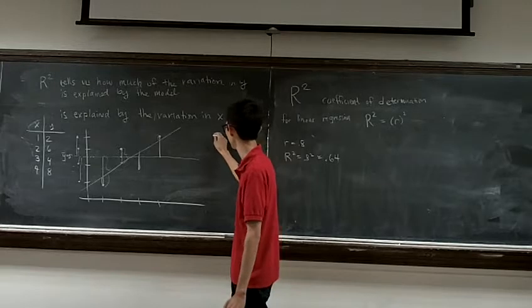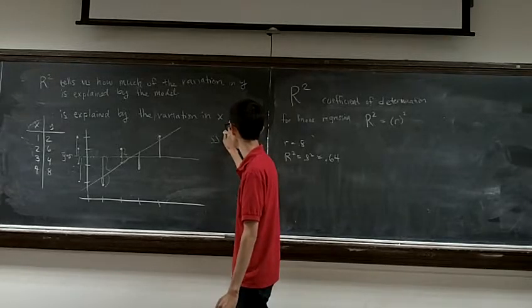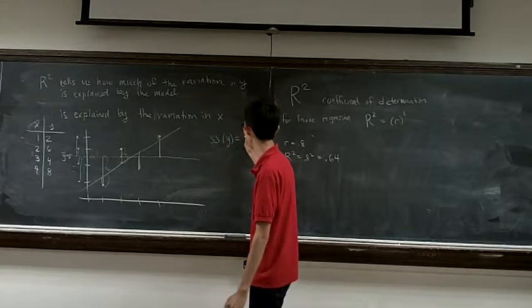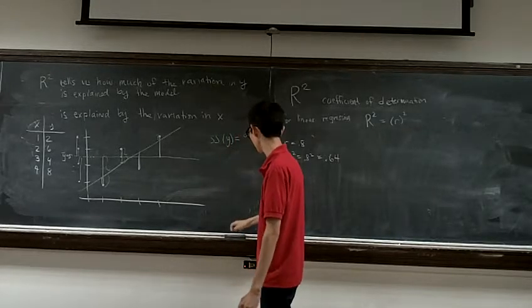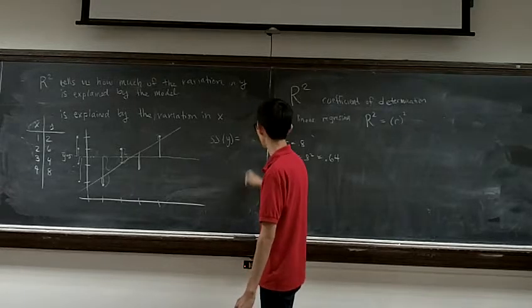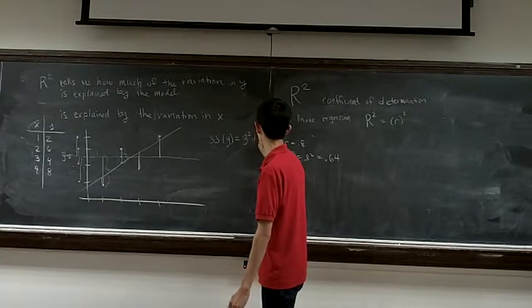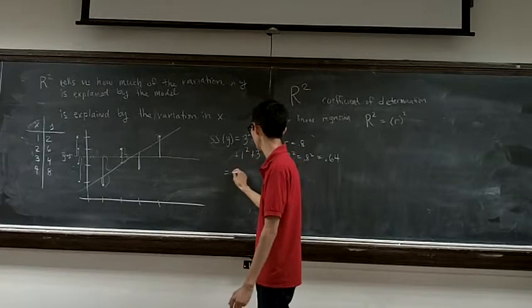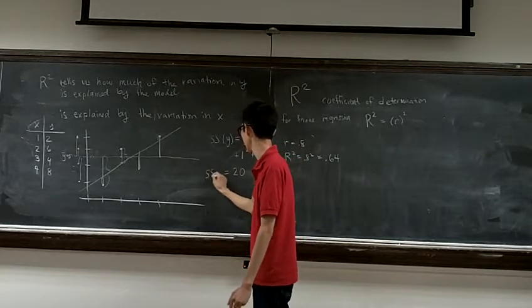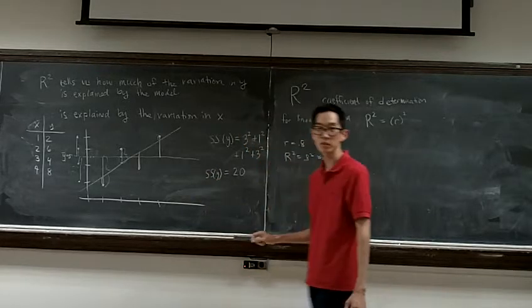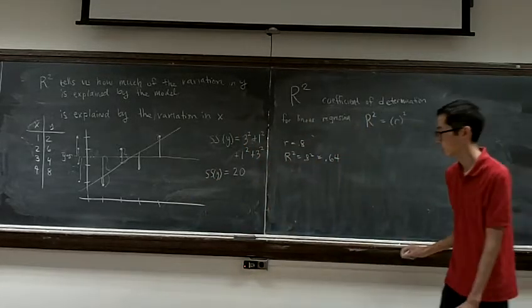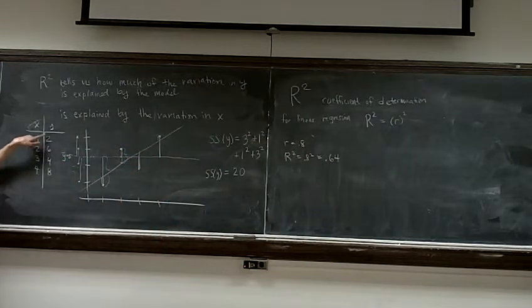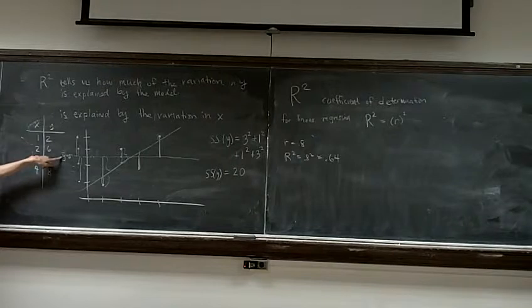My total sum of squares for y would equal 3 squared plus 1 squared plus 1 squared plus 3 squared, a total sum of squares of 20. So that's how much variance there is between each of the data points and just the mean of the data, 5.